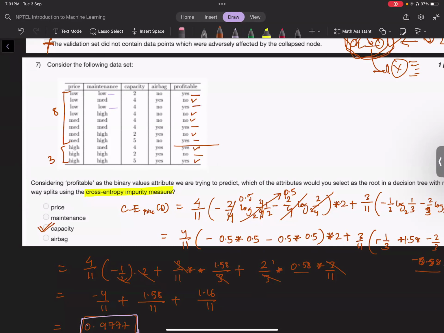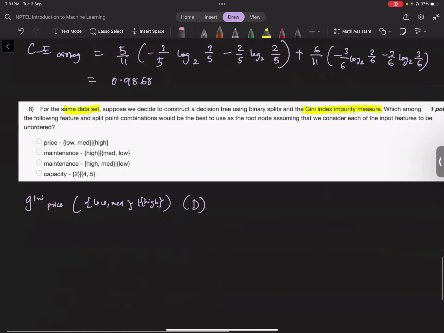So the way we'll do this is that if it is getting split with low and medium on one side and high on the other side, the number of low and medium is 8 out of a total of 11, and high is 3 by 11.